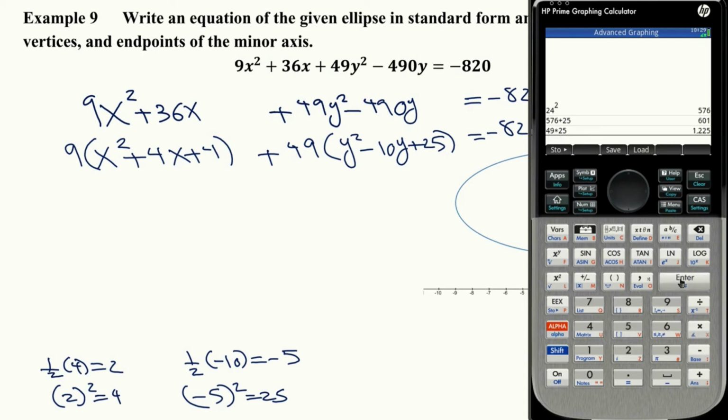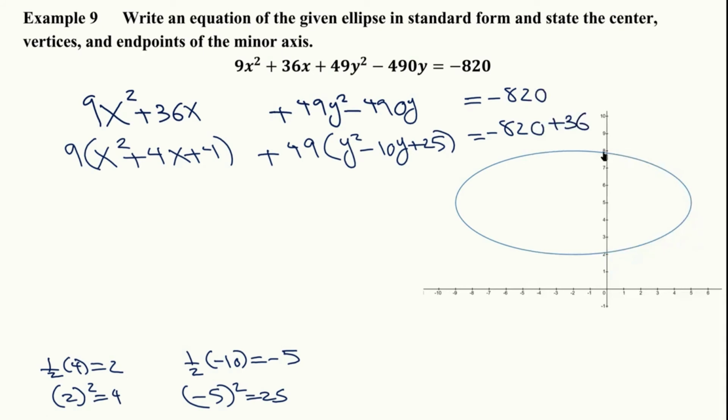That's 1225. So to keep the balance, I need to add 1225 as well. Okay? So now we have 9 times quantity x plus 2 squared plus 49 times quantity y minus 5 squared equals.